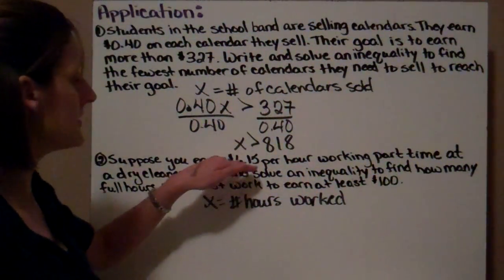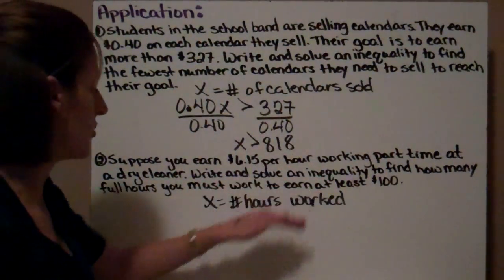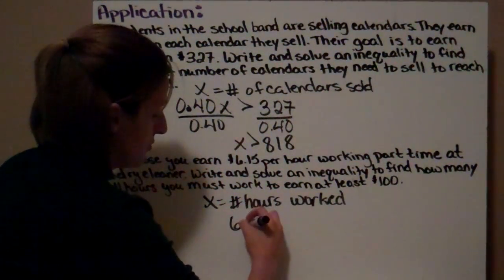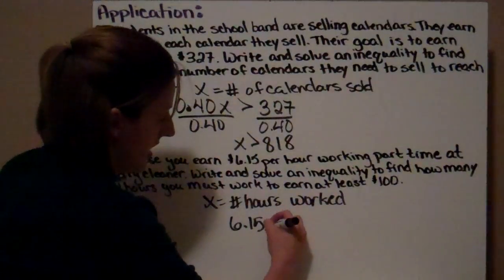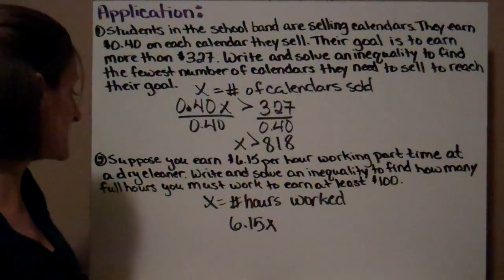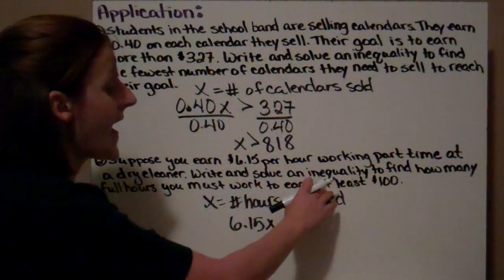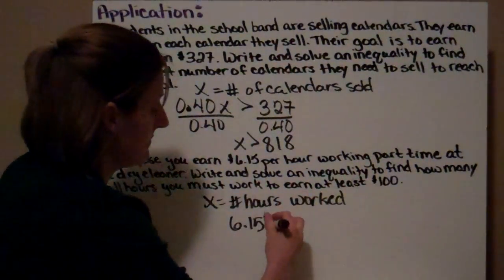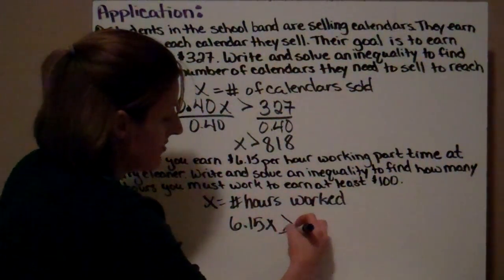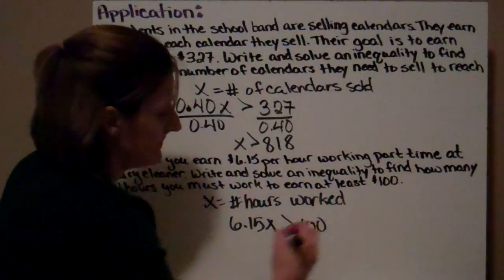Alright, so I'm getting $6.15 per hour, so 6.15 times x. And I want to earn at least $100. That means I want this greater than or equal to 100.